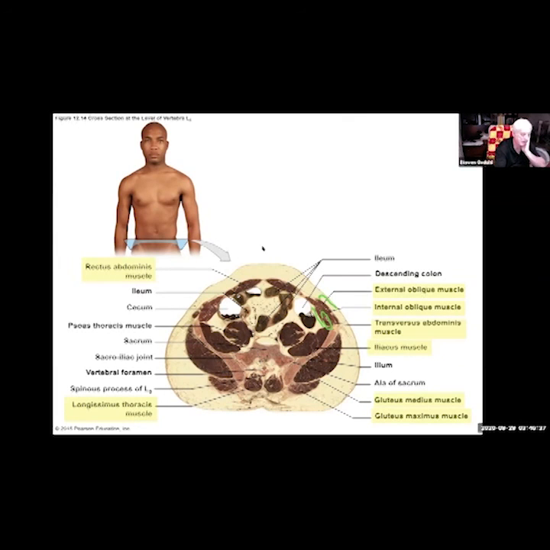You have the iliacus muscles. There's your ilium. You got the gluteus medius on the inside, and gluteus maximus, which is the butt, and longissimus thoracic muscle, and the rectus abdominis. Those are the ones for your six-pack.